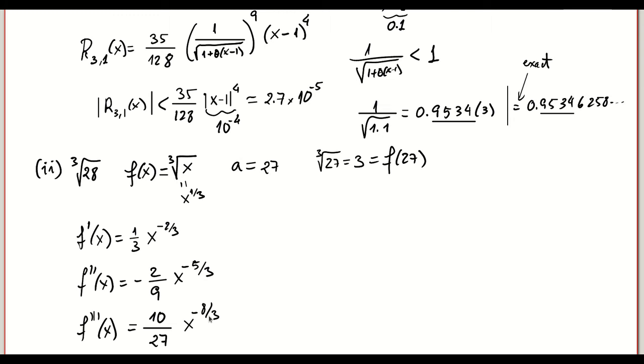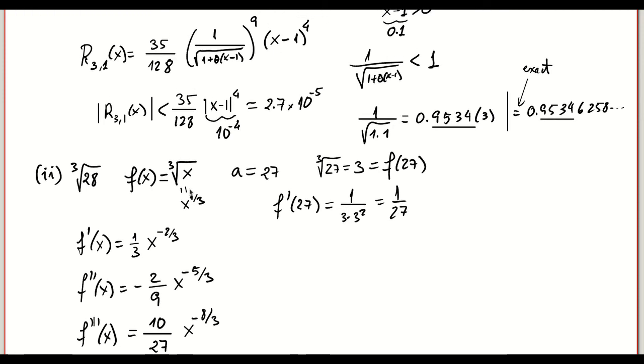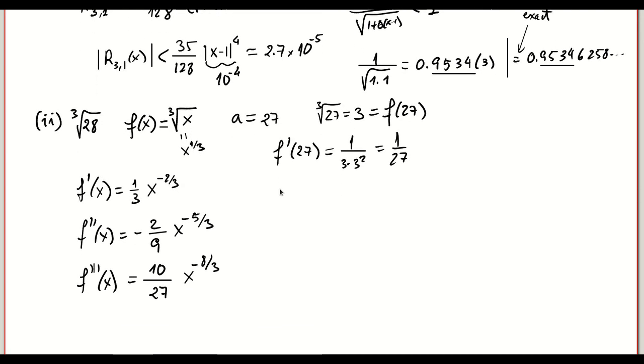Okay? So with these numbers, we can easily calculate what is f prime of 27. The cubic root of 27 is 3, so this is 1 over 3 times 3 squared, which is 1 over 27. The second derivative is equal to minus 2 over 9, and then times 3 to the 5.